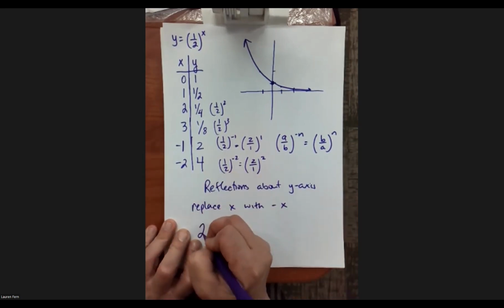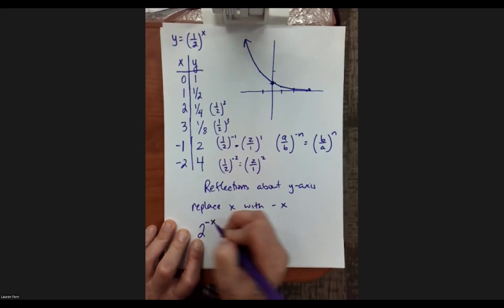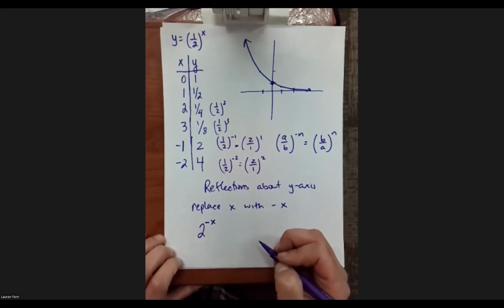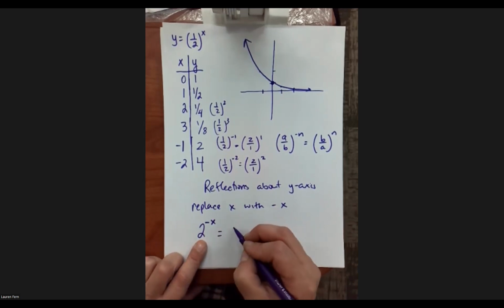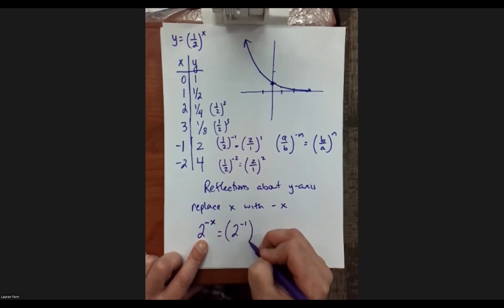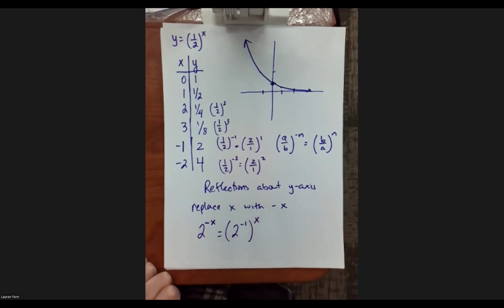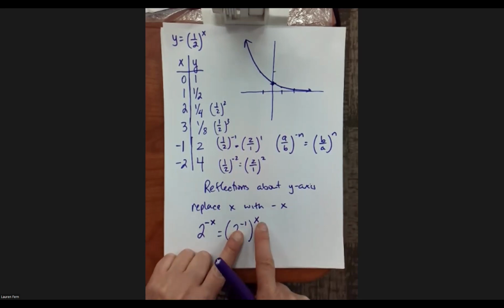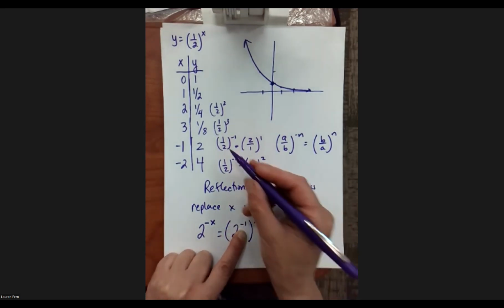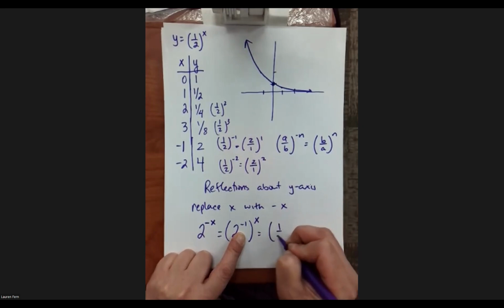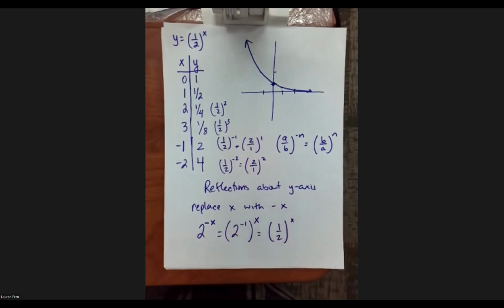If I took my 2 to the x and replaced it with negative x, can't I rewrite that as 2 to the negative 1 to the x power? Why? Because when you raise something to a power raised to another power, you multiply your exponents. And isn't 2 to the negative 1 1/2? Isn't that cute? Yeah, it is cute.